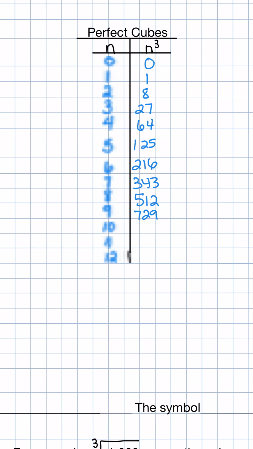And 10 cubed is going to be 1,000. Let's go ahead and stop with it right there.